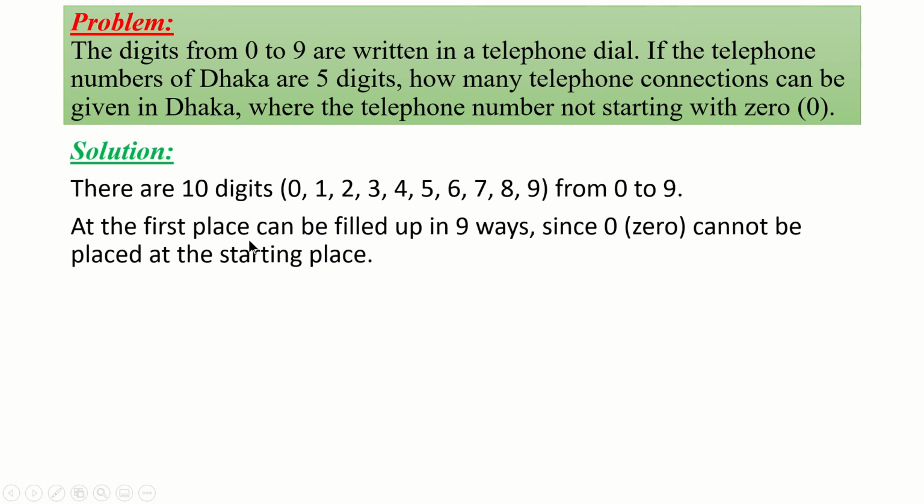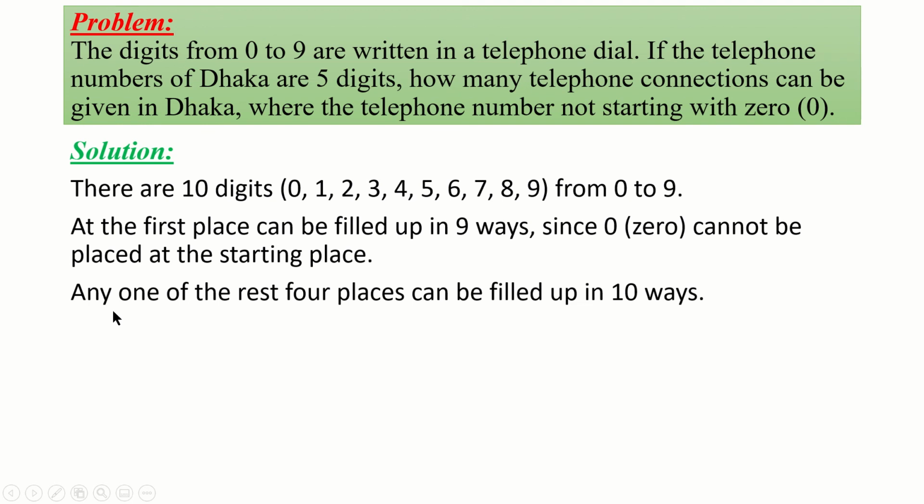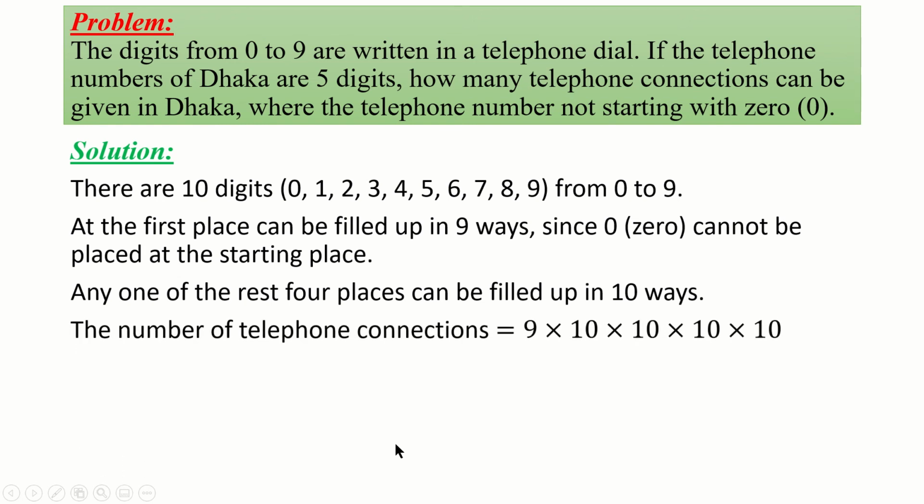The first place can be filled up in 9 ways, since 0 cannot be placed at the starting place. Any one of the rest 4 places can be filled up in 10 ways. Therefore, the total number of telephone connections is 9 into 10 into 10 into 10 into 10, which is equal to 9 into 10 to the power 4. This is the correct answer.